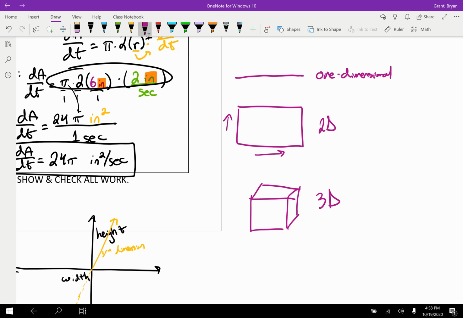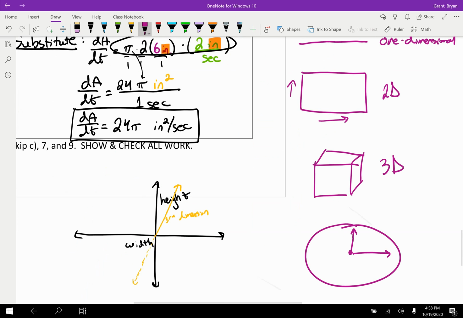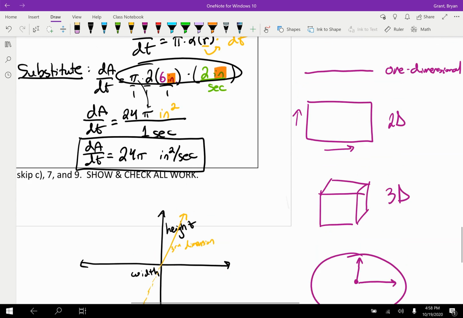And people are like, well, that makes sense here, but what about a circle? Circles are so strange. Well, two ways to think about it. This circle has both height and width. But the second giveaway actually has to do with the units. If you see square inches, it is two-dimensional. You have inches one way times inches another way.